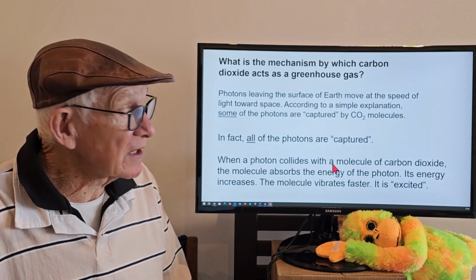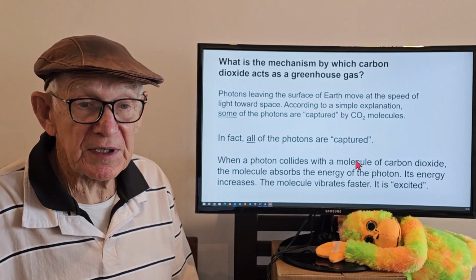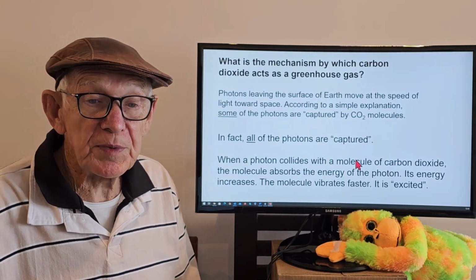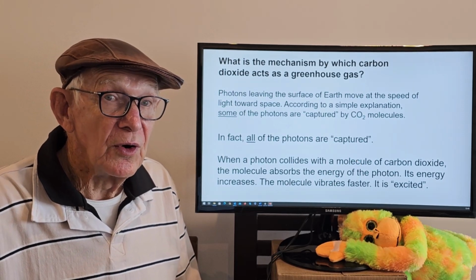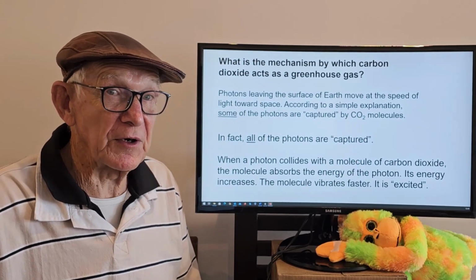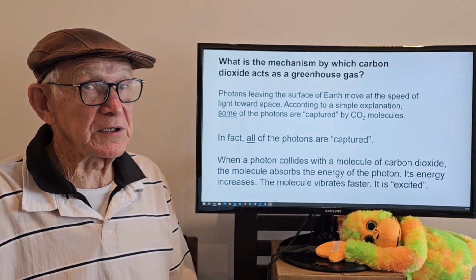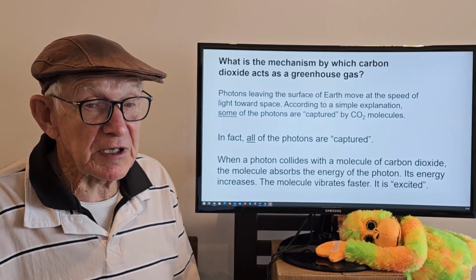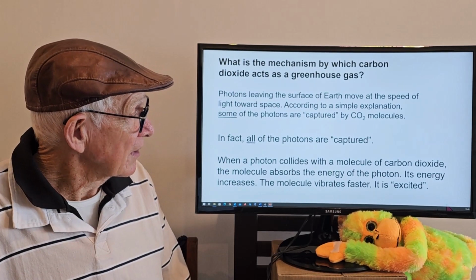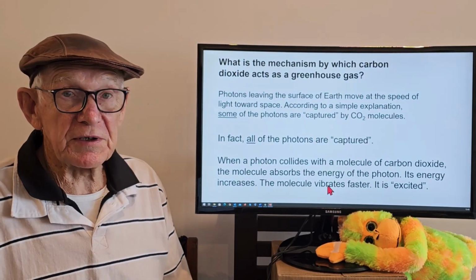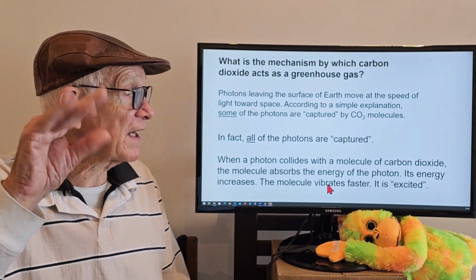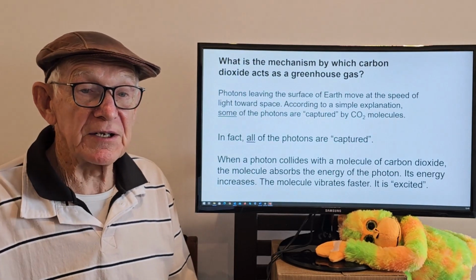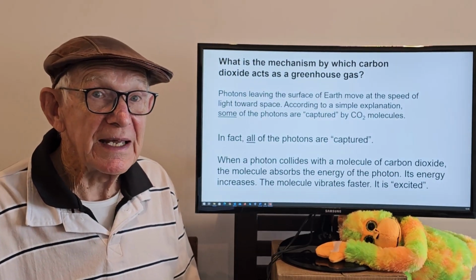When a photon collides with a molecule of carbon dioxide, the molecule absorbs the photon or absorbs the energy of the photon. We've got a philosophical issue we can talk about there. So the energy of the molecule increases. And what happens? The molecules of carbon dioxide vibrate faster when they have that energy. And it's said to be excited.